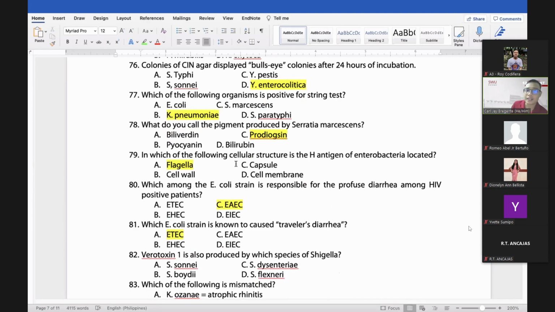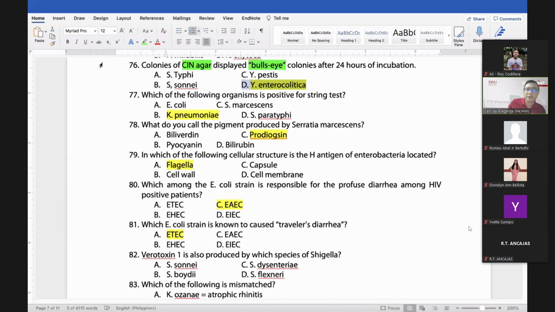Number 76, colonies on CIN. Remember, class, CIN agar is a selective medium for Yersinia, and only Yersinia enterocolitica on a CIN agar will appear as bullseye colonies. So that's the correct answer, Yersinia enterocolitica. Number 77, which of the following organisms is positive for the string test?